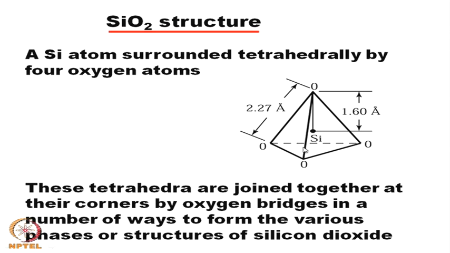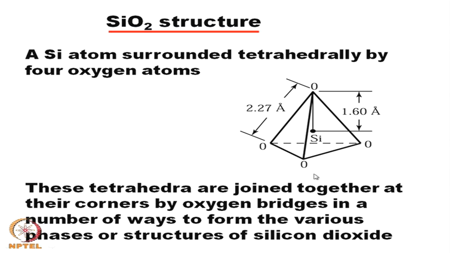One such structure is known as quartz, and SiO2 is also called silica. So, one form of silica can be quartz, which is crystalline in nature. Different crystalline forms are available in nature, and one amorphous form is also there.